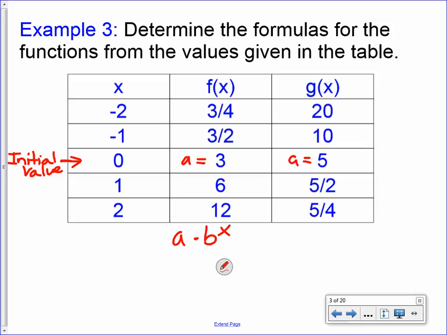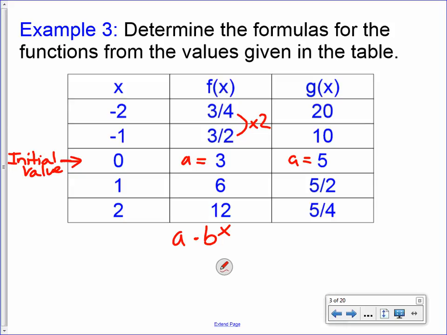Now, to find the base, you want to try to figure out the pattern in the y values. Let's look at f of x for a minute. It starts with 3/4 and then goes to 3/2. I know it may not jump out at you at that point, but essentially what's happening is you're multiplying by 2. To go from 3/4 to 3/2, you're multiplying by 2.